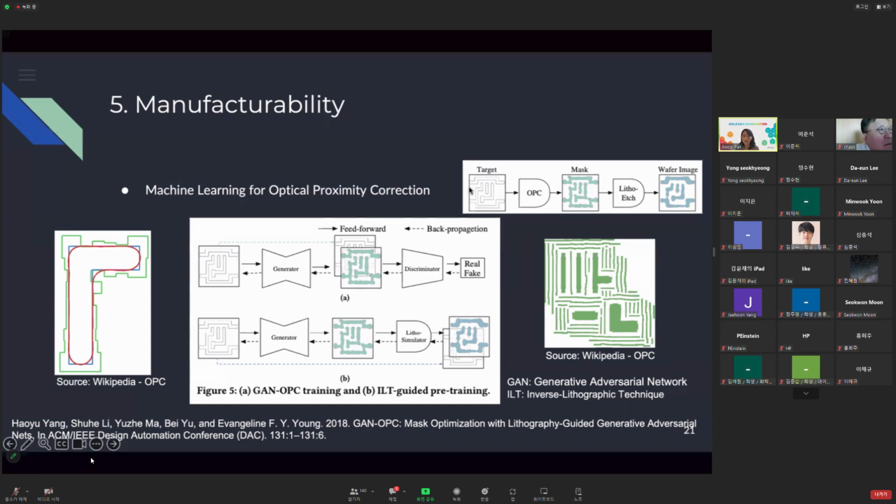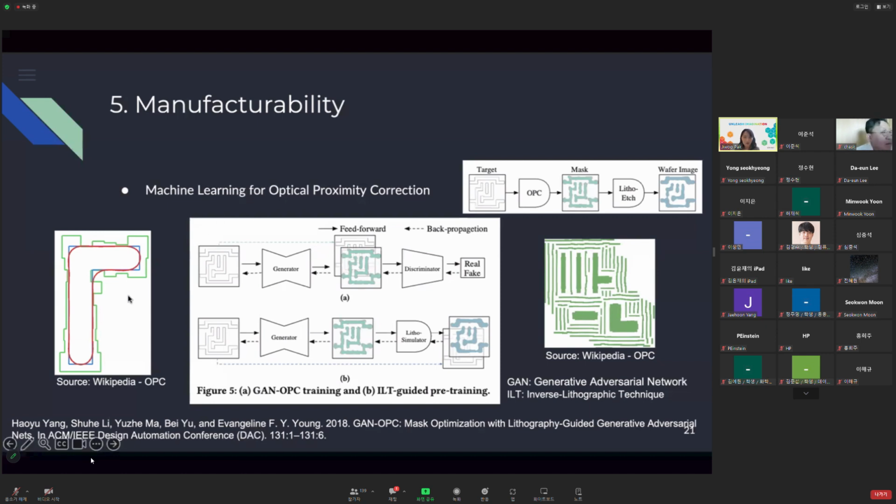So it's not printed ideally. So even though we initially drew a blue shape, this is a polygon, right? The blue shape. Eventually it will be printed something like the red one, right? It's not a very sharp edge. Yeah, that's the nature of the light.